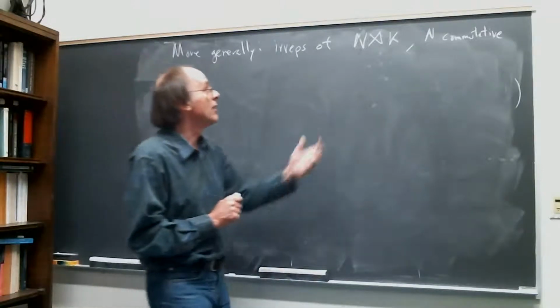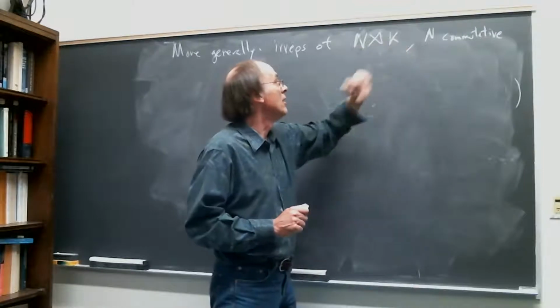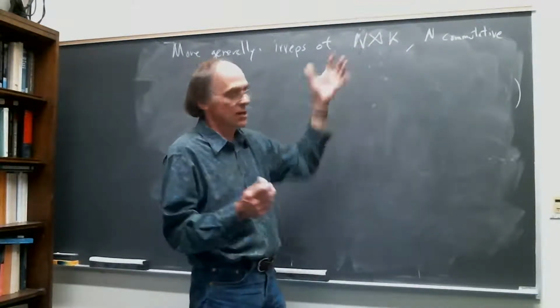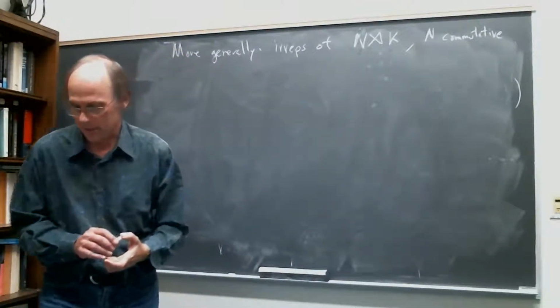So more generally, let's take N to be an arbitrary commutative group, K to be pretty much an arbitrary Lie group, and let's ask, how would we approach this problem of finding irreducible representations?